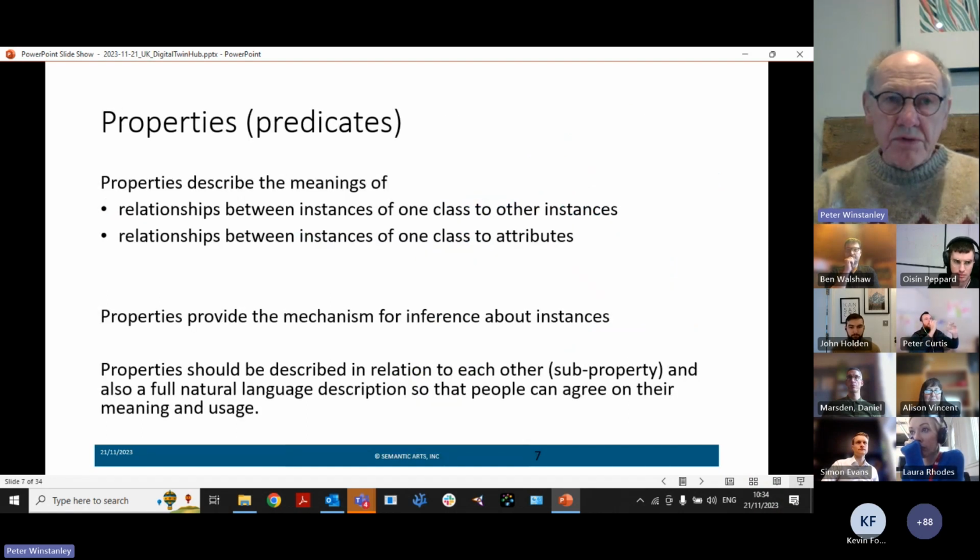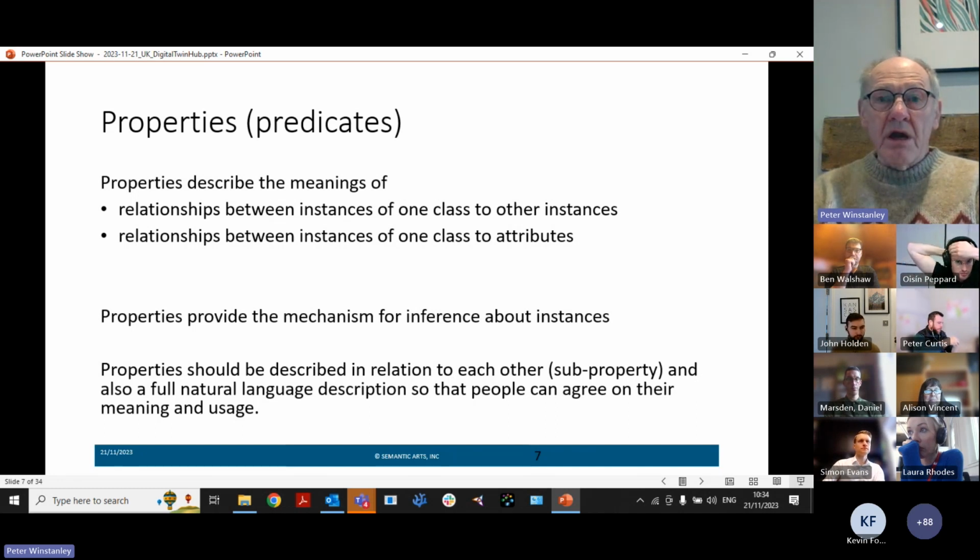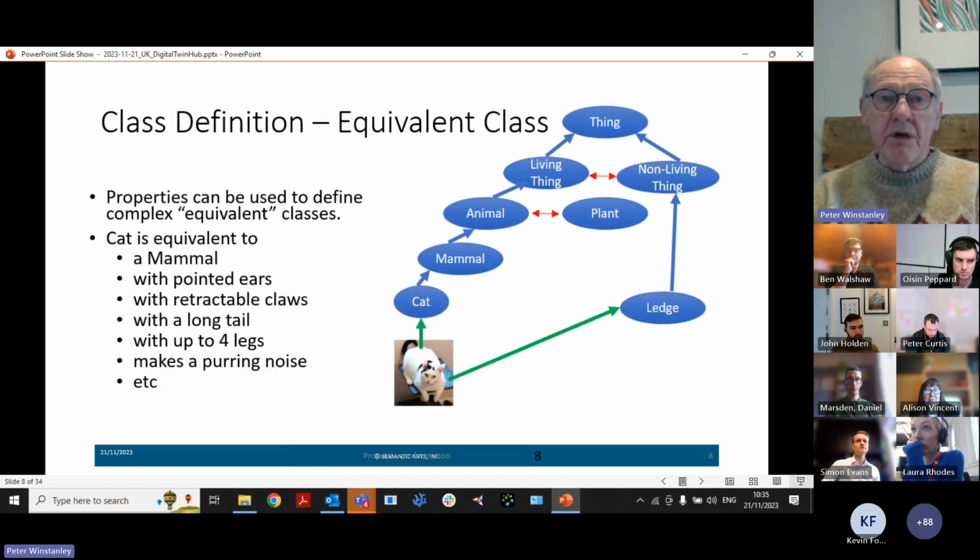The other thing that's important in ontologies are these relationships. They often get forgotten. And it is the relationships that enable us to provide inference about instances. So properties are there to describe the relationships between things and types of things. And properties can be related to each other via a kind of property-subproperty relationship.